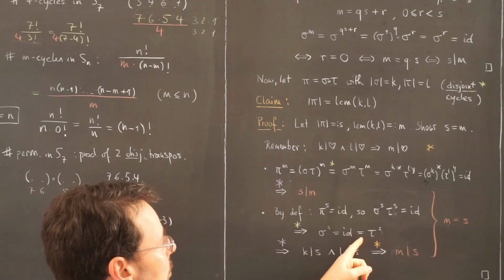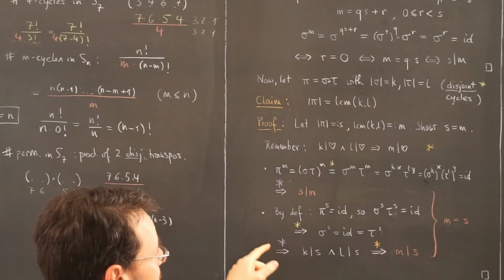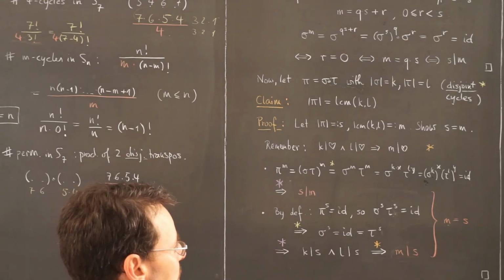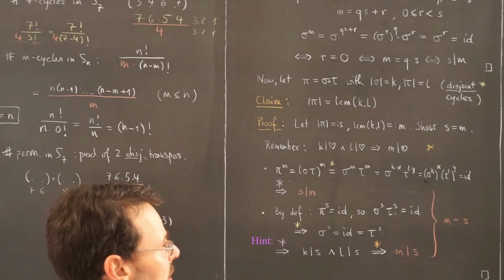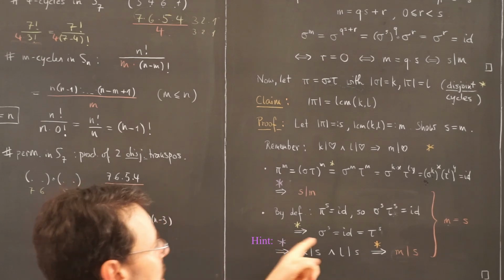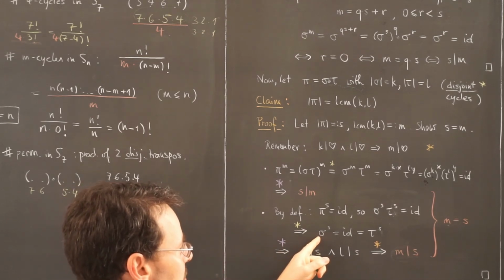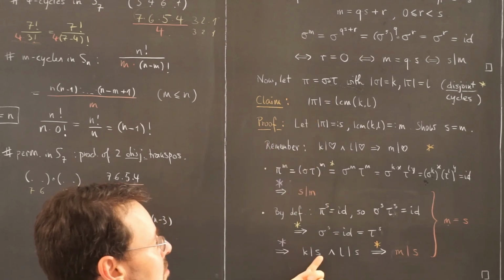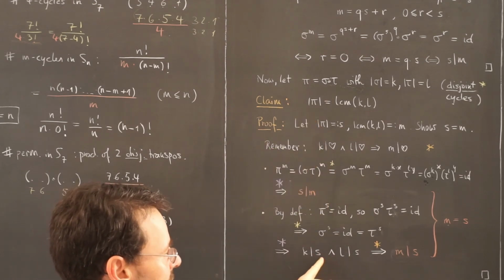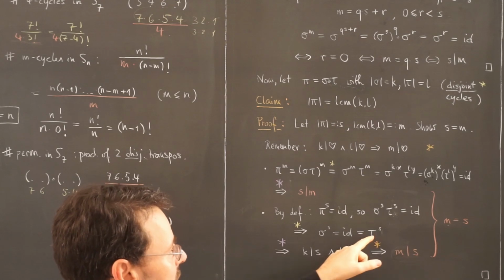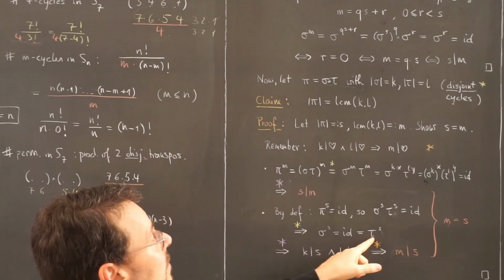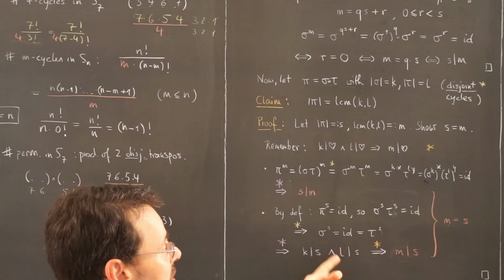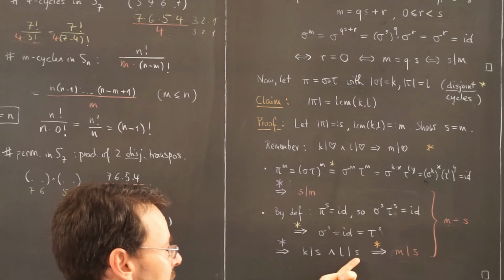And now we apply the hint here, the purple star. Maybe I should have better used numbers 1, 2, 3. Well, k is the order of sigma. Sigma to the s is the identity. This means that k must be a divisor of s. And, the order of tau is l. Tau to the s is the identity, so l must divide s.